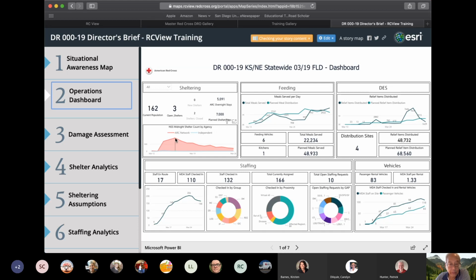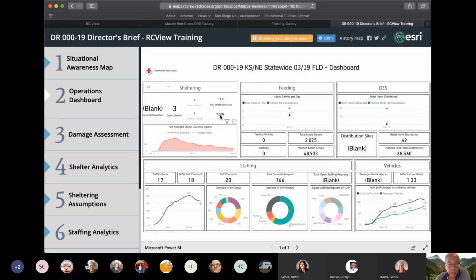It tells me the current population, open shelters, the overall overnight stays since inception. So that's kind of the area under the curve. And this was the amount that was planned based on the planning tools.